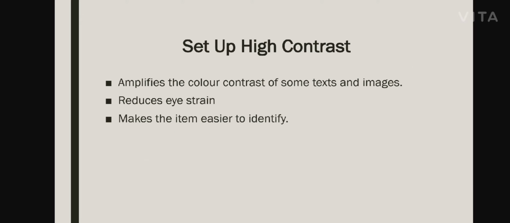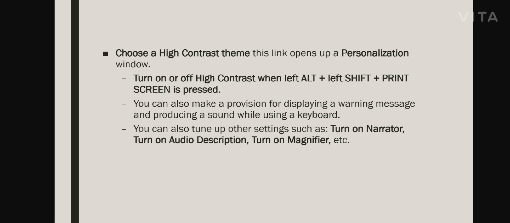Set up high contrast. This amplifies the color contrast of some text and images. It reduces eye strain and makes items easier to identify. Choose a high contrast theme. This link opens up a personalization window.